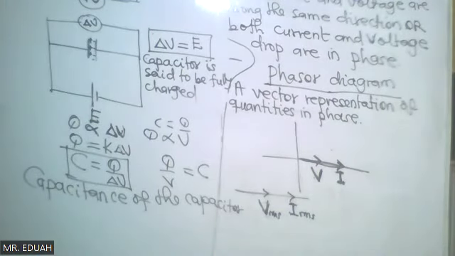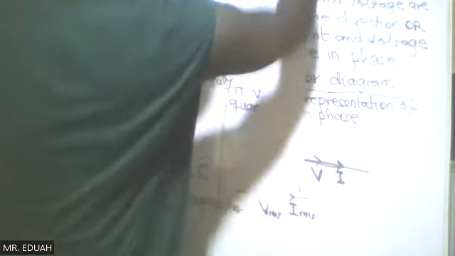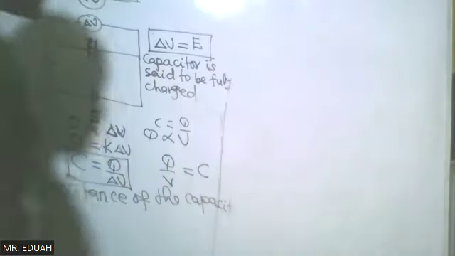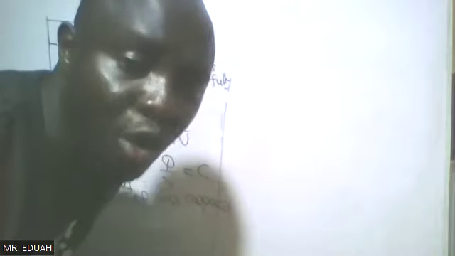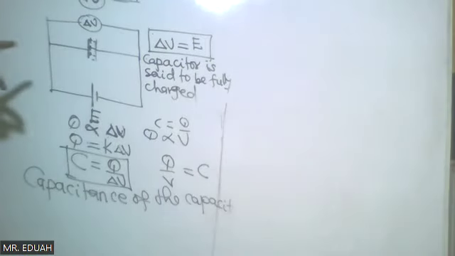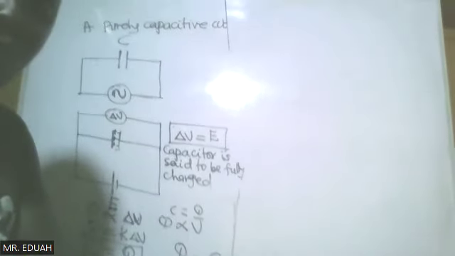Because AC flows in two directions, one directional flow of the current stores the charges or charges the capacitor. The other directional flow discharges the capacitor. So in effect, no work will be done. So if you connect an AC source to a purely capacitive circuit, it will be cos 90, zero work.